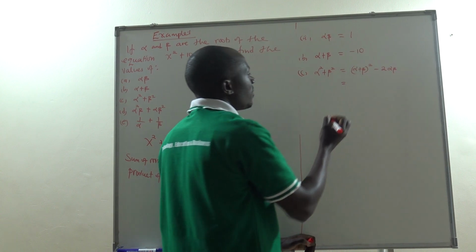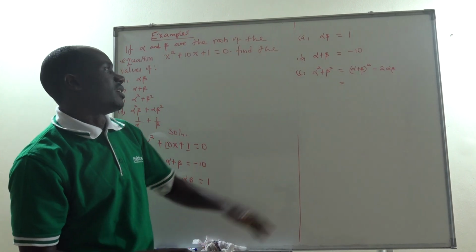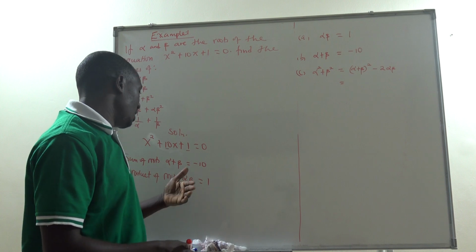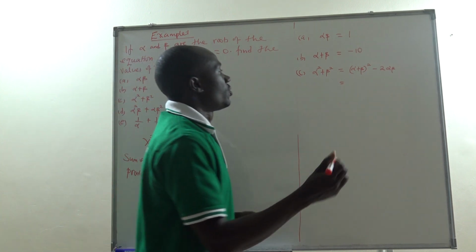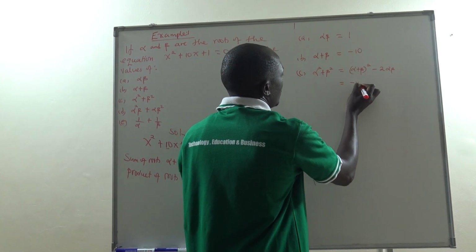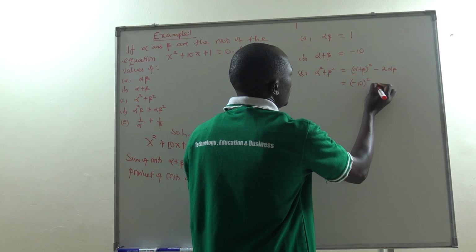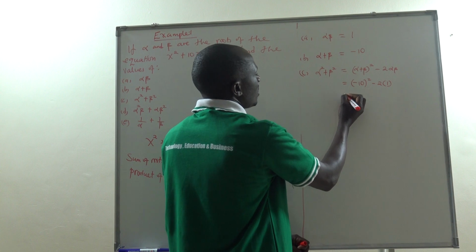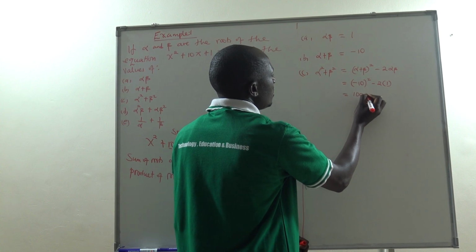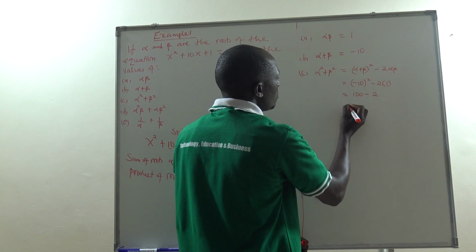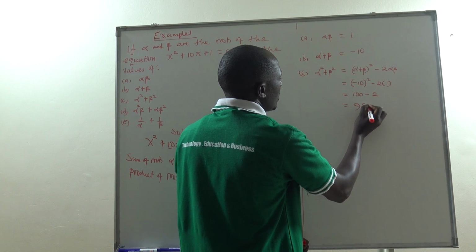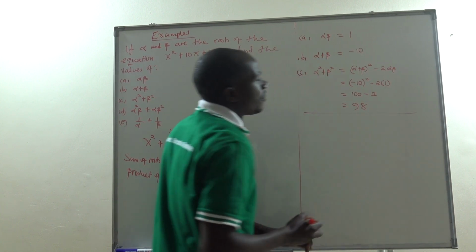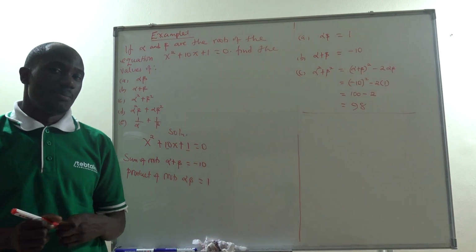Do we know alpha plus beta? Alpha plus beta is already negative 10, so we are free to substitute it. We say negative 10, the whole of it squared, minus 2 times alpha beta, which is 1. Negative 10 squared is 100, minus 2 times 1, that is 2. Automatically you come out with 98. You have already scored that mark.